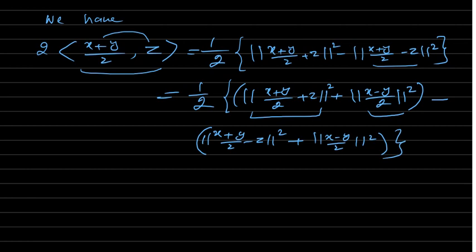Norm of (x minus y divided by 2) whole square here, minus norm of (x minus y divided by 2) whole square, these two will go. So it's okay now. But for that I must have twice, to apply the parallelogram law here, I will multiply and divide by 2, it's 1 over 4 times twice norm of (x plus y divided by 2) plus, sorry, it's a whole norm here.